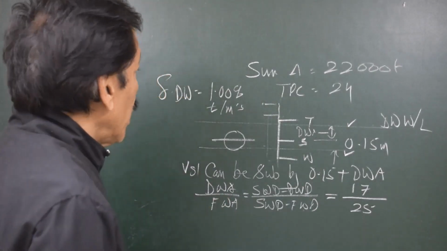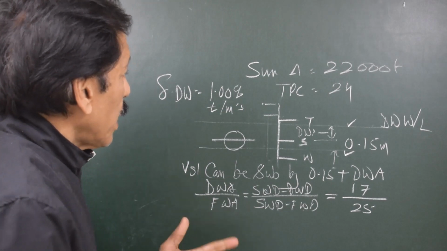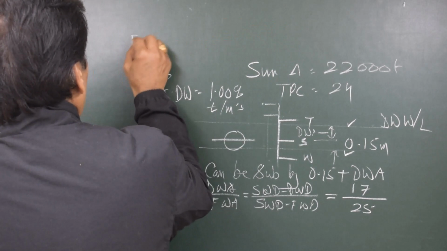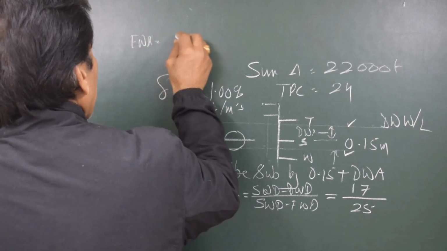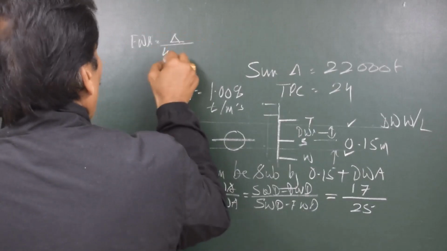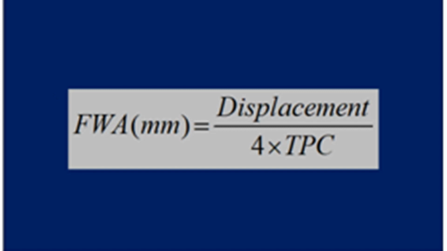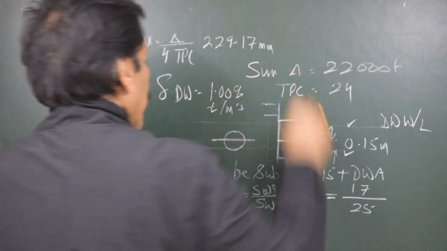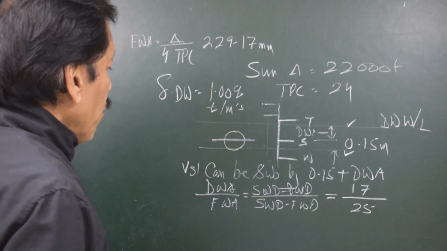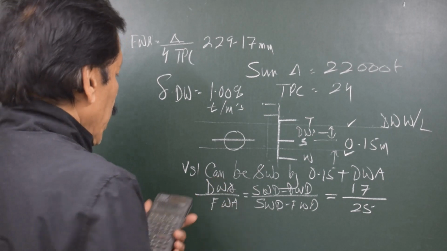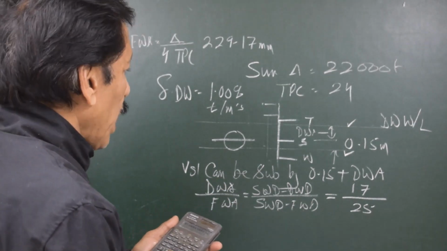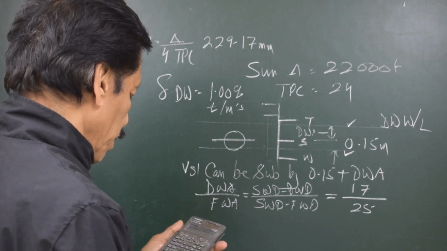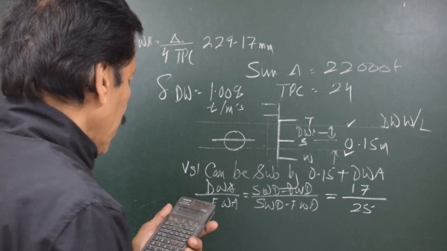We are not given the freshwater allowance, so the freshwater allowance is displacement upon 4 TPC, which is 229.17 millimeters. And therefore the dock water allowance will be this figure multiplied by 17 divided by 25. That gives me 155.83.